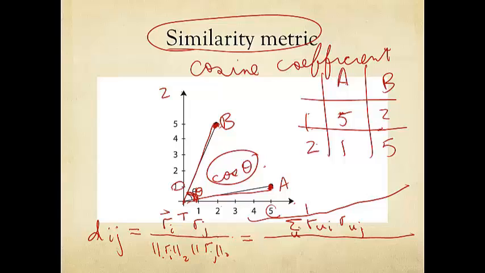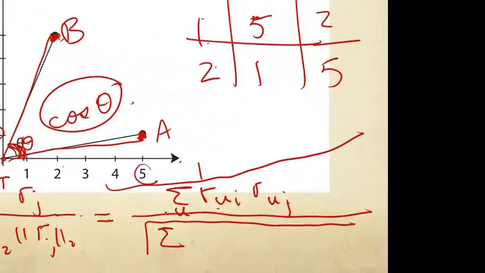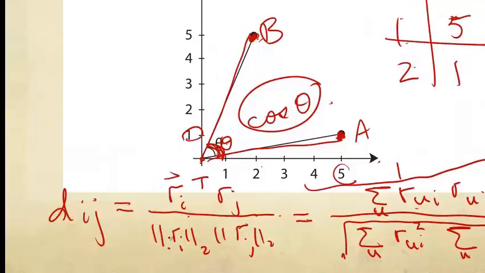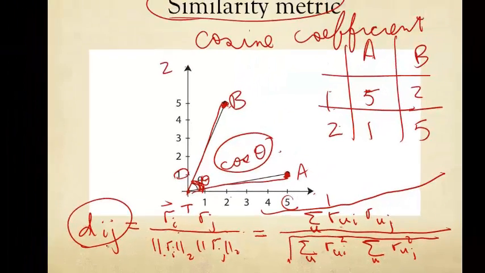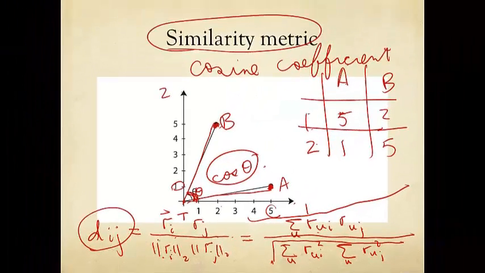That is the inner product of these two vectors, divided by the square root of, just by the definition of the L2 norm of the two vectors, Rui squared summing over all the u's, the same set of u as in the numerator, times the sum over the same set of u of Ruj squared. That's just the L2 norm of these two vectors. So this dij is the cosine coefficient defined geometrically as the cosine of the angle theta and algebraically defined as such.